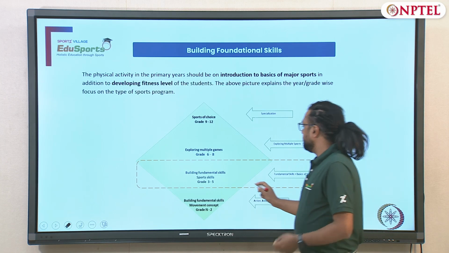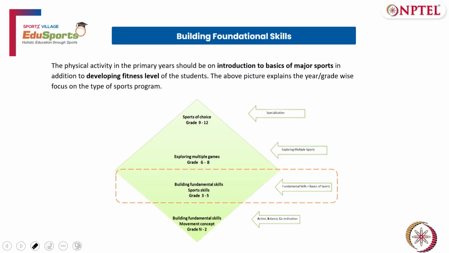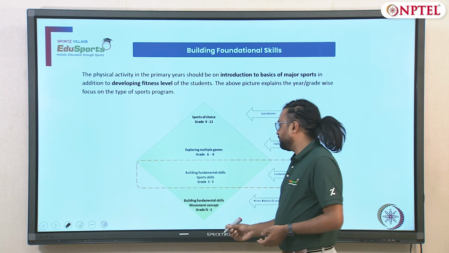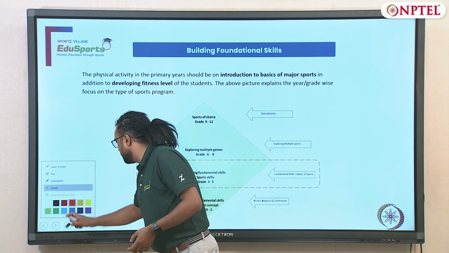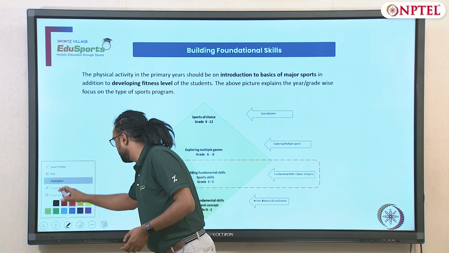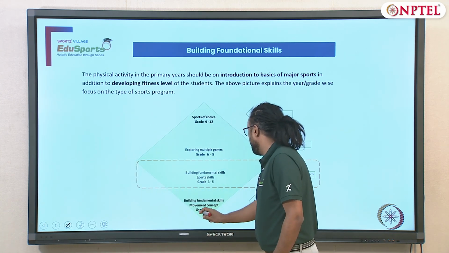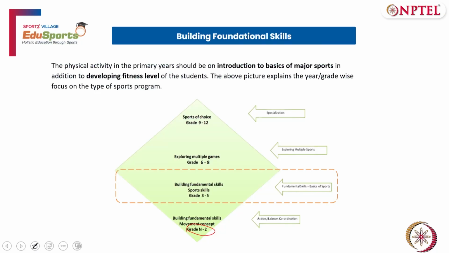So, let us move to another category. Let us move to standard 3 to 5. In nursery to 2, our activities involved more of the fundamental movement skills.